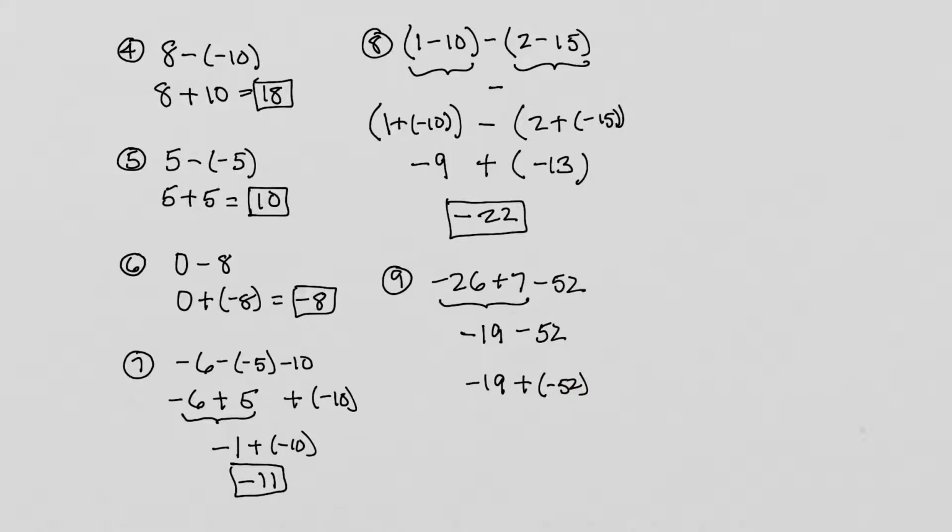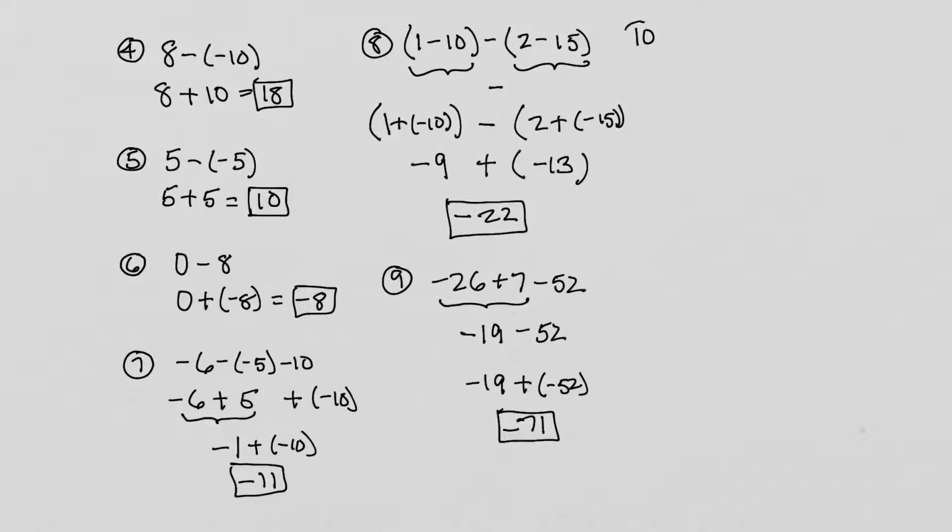Well, if this was 20, it'd be 20 and 52 is 72, but back it off one, it's going to be 71. And the common sign here is that negative sign, so we're going to put that with our 71. So we'll say that what we started with, negative 26 plus 7, that was negative 19, subtract 52, altogether we get negative 71.